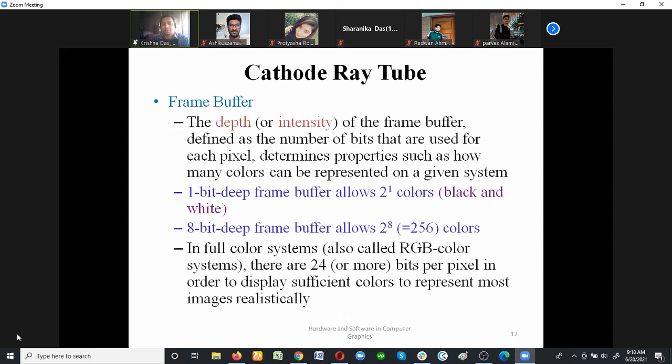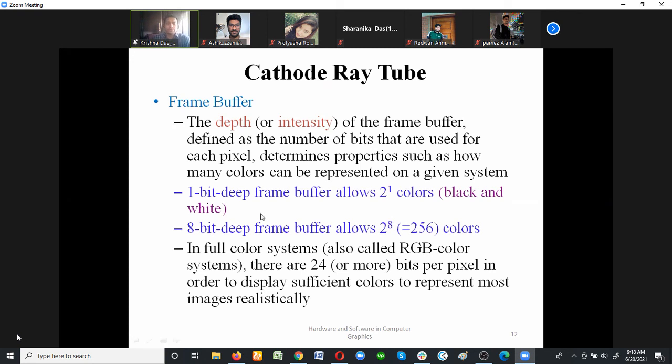You can understand that 8-bit means every pixel has 8 bits defined, that means 1 byte. But now every pixel is defined with 32 bits. So that has a relationship with the number of colors that can be shown in every pixel.